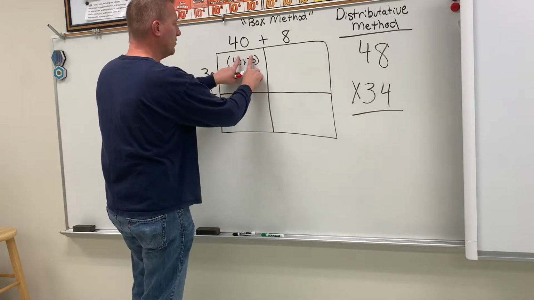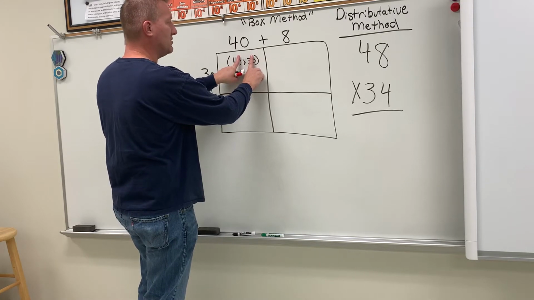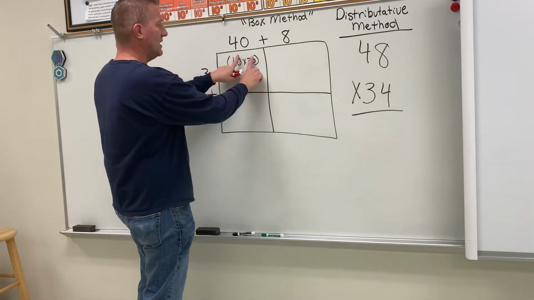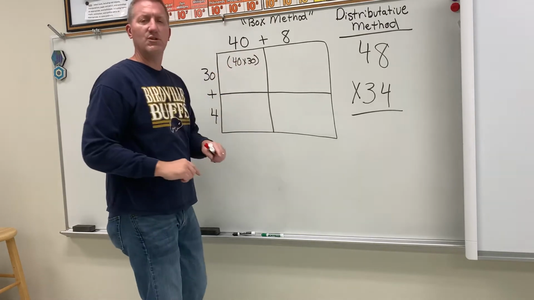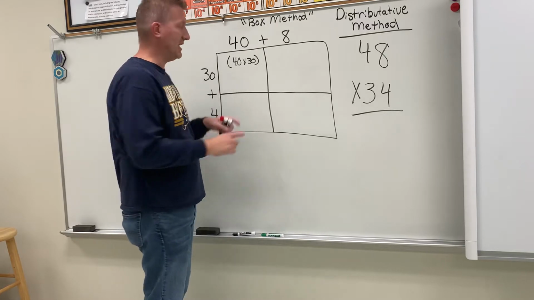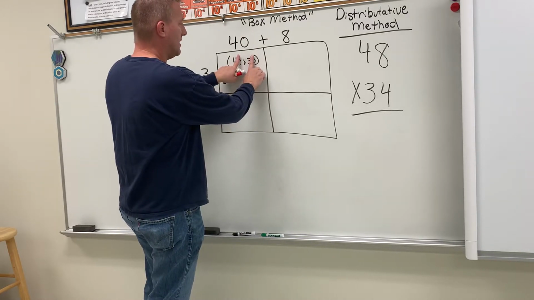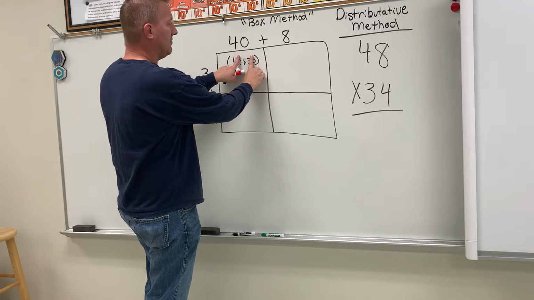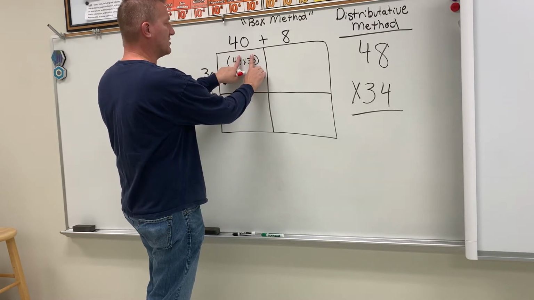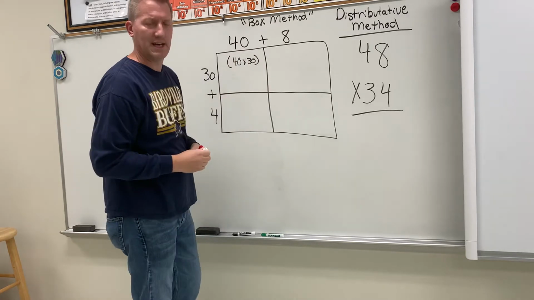Well, you do. Remember that little trick we used with multiplying times 10 where you cover up the zeros? Okay, you can use that trick here. It's actually a strategy. It works. So you cover up those two zeros and then you have 4 times 3. So what's 4 times 3?